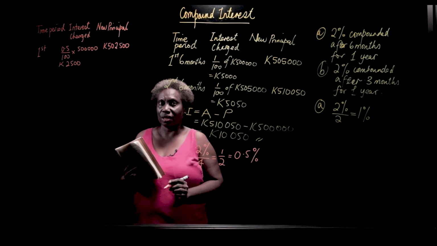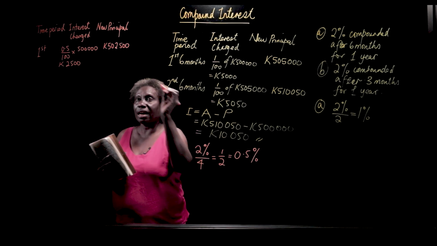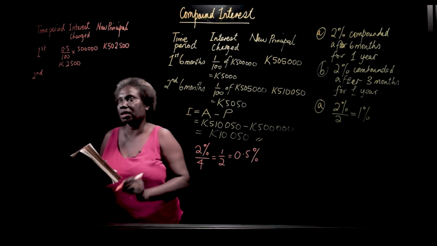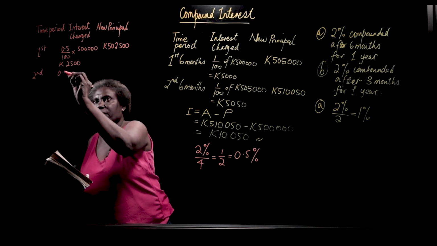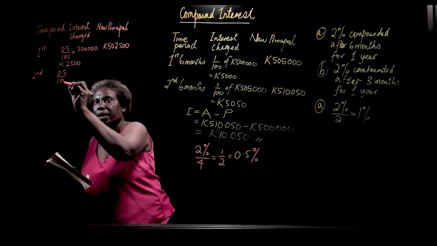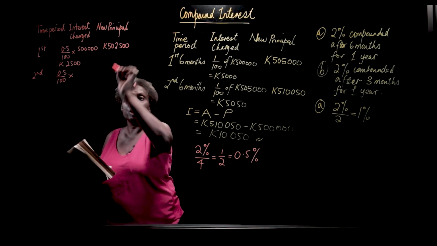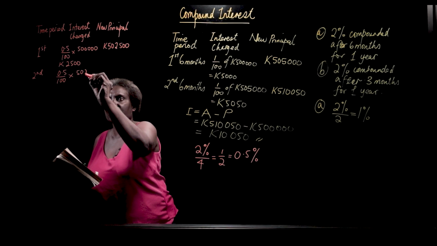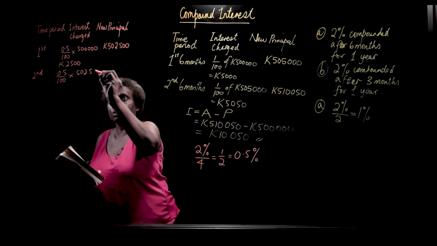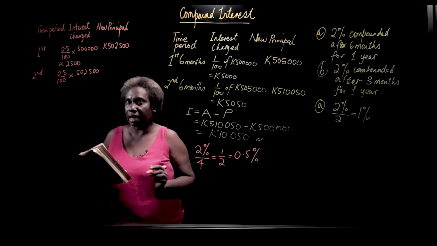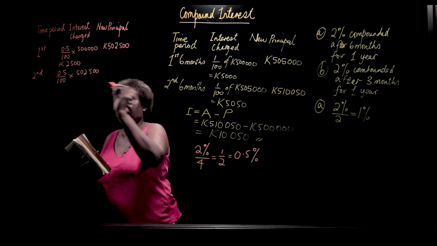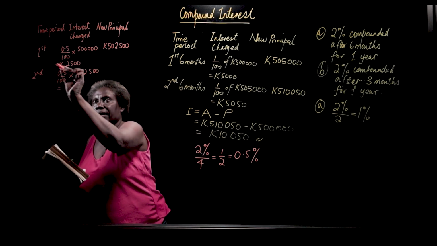Let's see how much we will have at the end of the second quarter. We have 0.5 over 100 times the new principal, 502,500 kina.